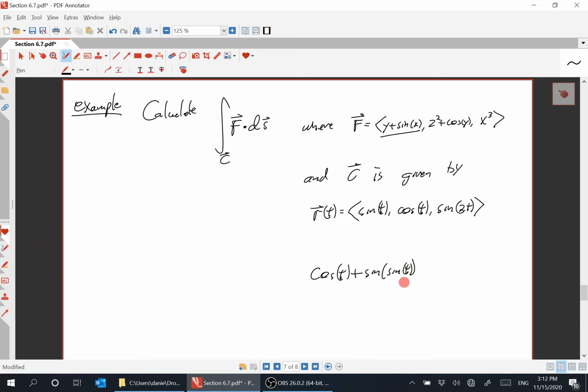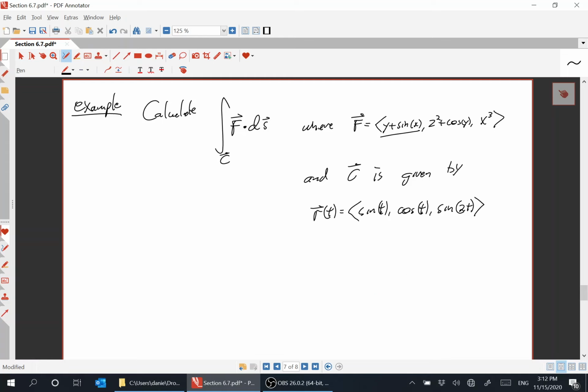It's going to be pretty bad when you calculate f of r of t, because you're going to have these sine of sine t things here. And then this is going to be what? Like z squared, so that's sine squared 2t plus cosine y, which is cosine of t. It's going to be pretty messy.